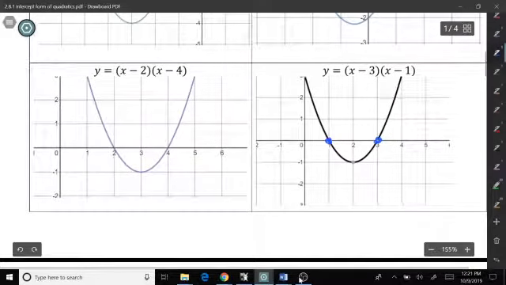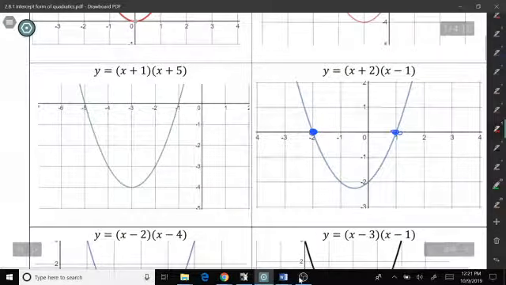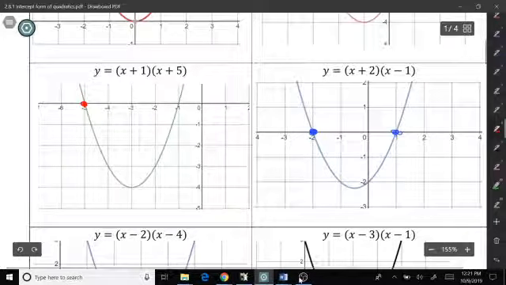Okay. Now, the next part, what you should have noticed was that the vertex was exactly halfway between your intercepts. Here, halfway between 1 and 3 is 2. So the x value of your vertex was at 2. Up here, -5 and -1, halfway between that, you can count, would be -3.